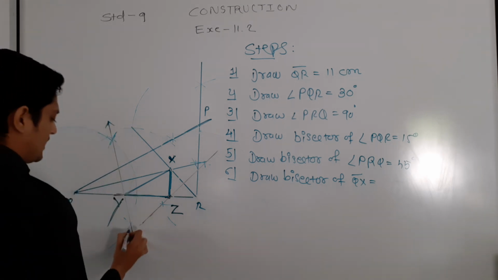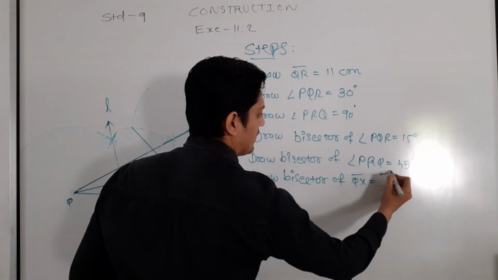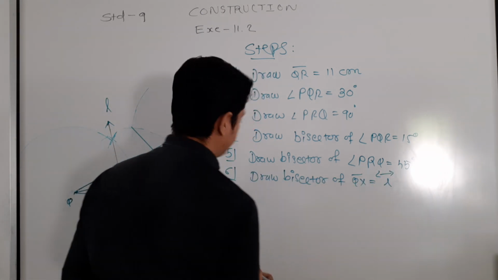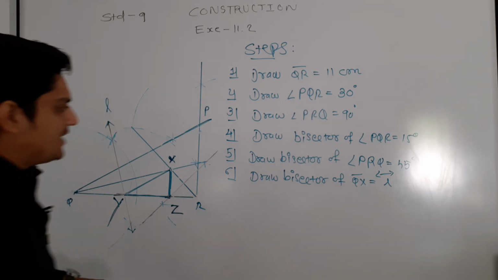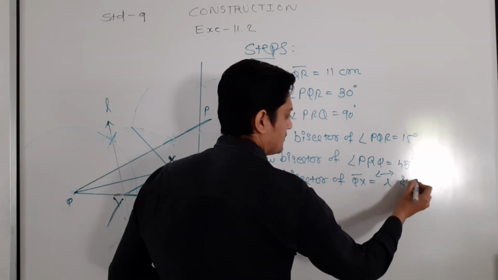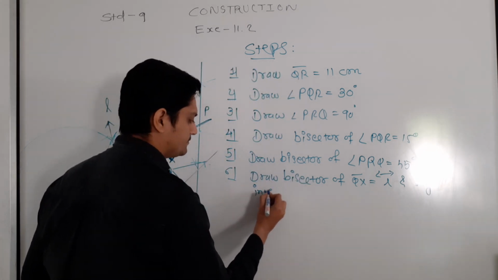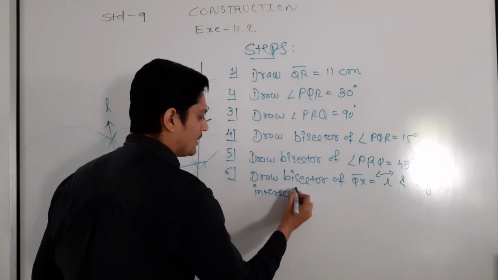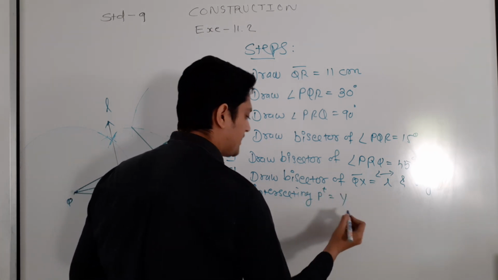For example, let it be called line L. Okay, line L, and say intersecting point is equal to Y.